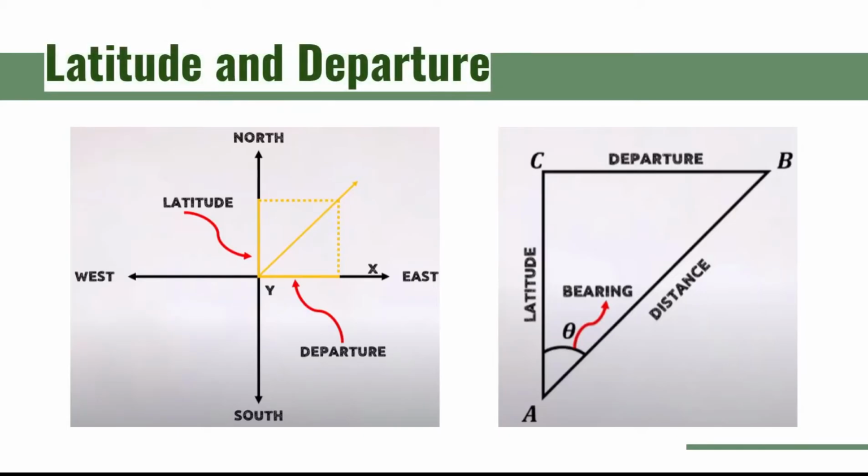When you say y component, it represents the latitude, while the x component represents the departure. On the right figure, the line AB has its latitude AC and departure BC. The angle theta is the bearing of the line AB.